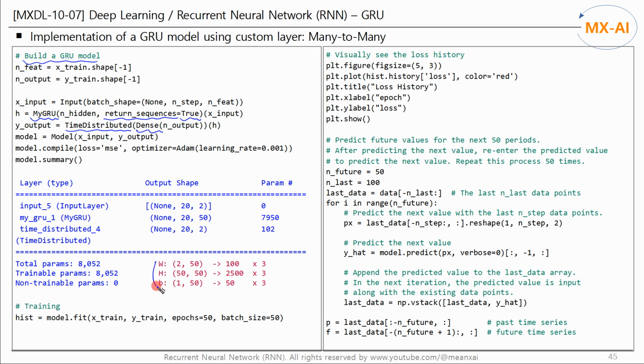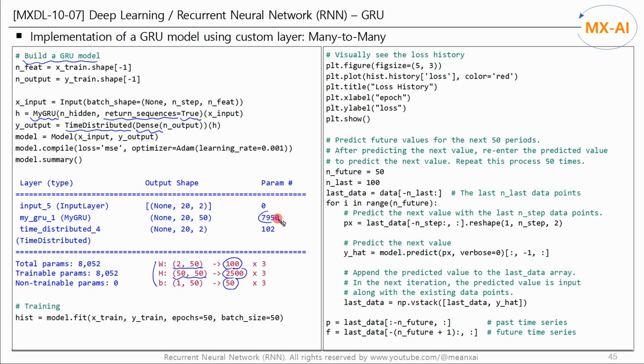The recurrent layer has 3 W's, 3 H's, and 3 biases as trainable parameters. Each W is a 2x50 matrix, so it has 100 elements. Each H is a 50x50 matrix, so it has 2,500 elements. And each gate has 50 biases.